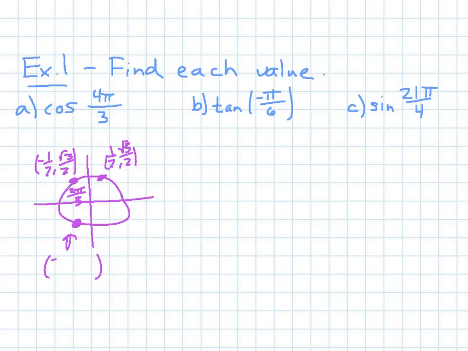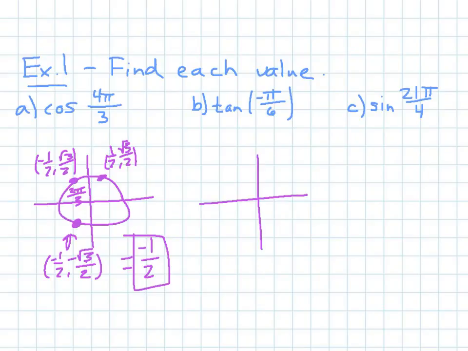So that means that this one's negative 1/2, comma, negative square root of 3 over 2, because it's both negative for cosine and sine. But since I'm just looking for the cosine of this, it would be negative 1/2 for our cosine of 4 pi over 3.